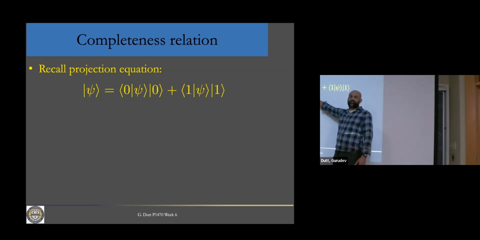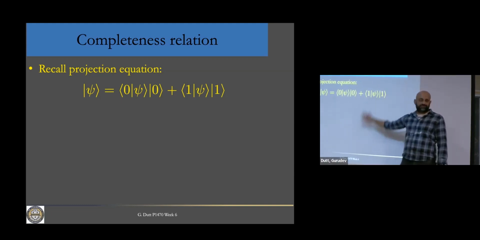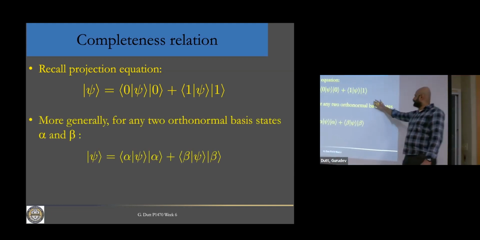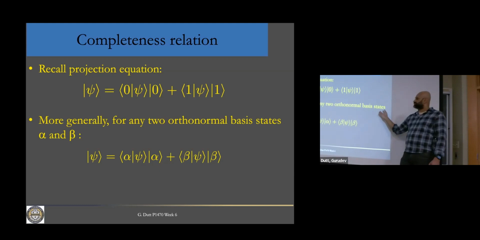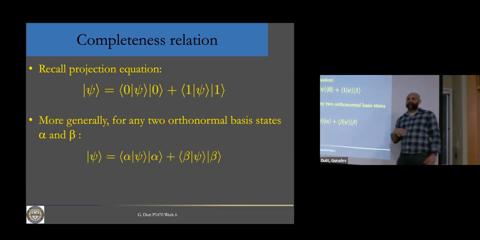That component is the inner product of psi with 0. That is the projection of psi onto the state 0, plus the projection of psi onto the state 1 times the state 1. Okay, this is just a standard projection relationship. And we can do that for any two orthonormal basis states, right? So we take psi, which is alpha psi times alpha plus beta psi times beta.